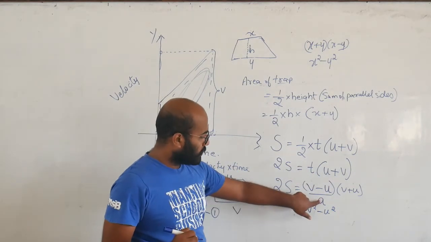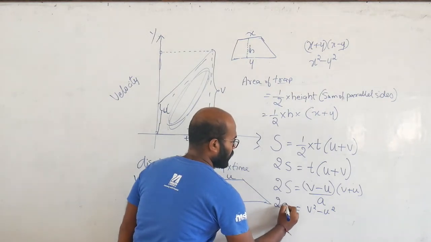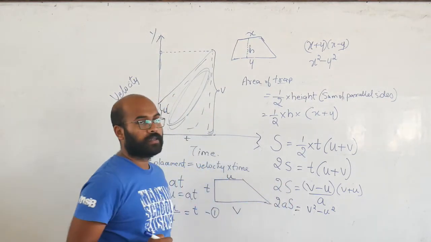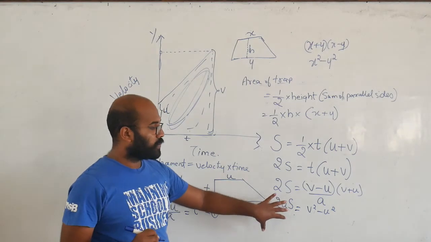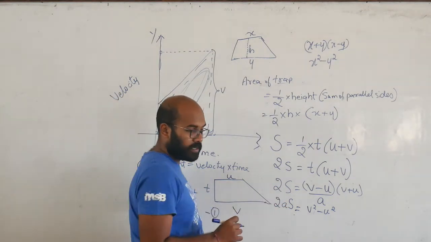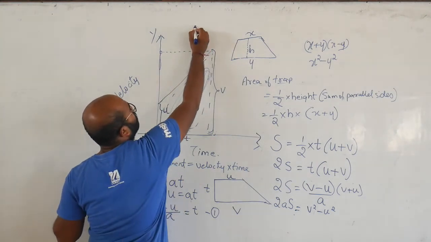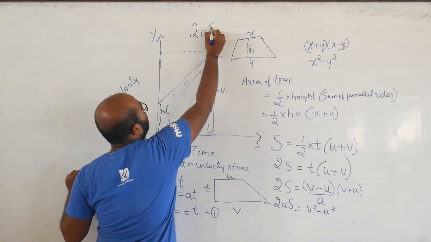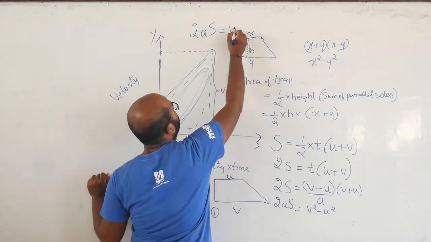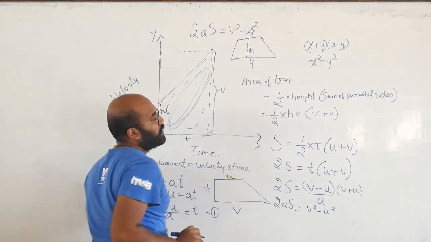The a is below, so taking it to this side we get 2as. This is also one more important equation. I'll write it here: 2as is equal to v square minus u square.